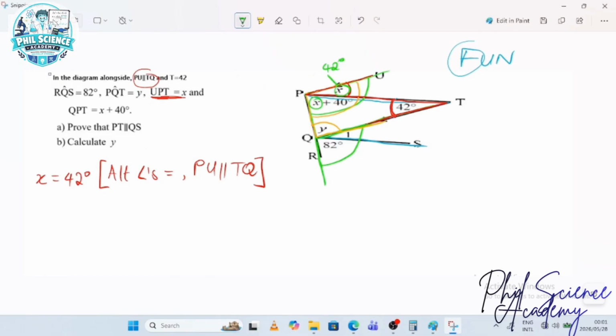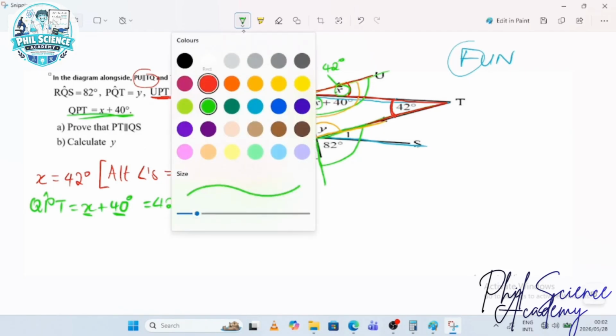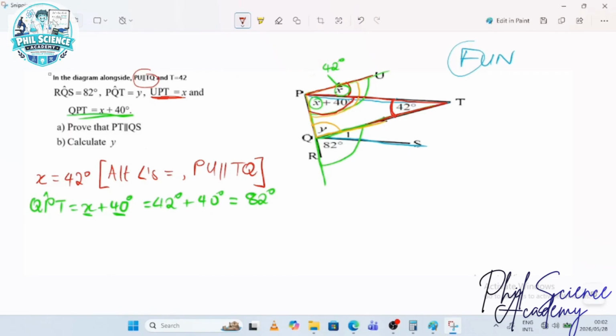This makes angle QPT equal to X plus 42, plus 40 degrees. Whether it's X, we'll just substitute 42. We'll put 42 plus 40, which is equal to 82 degrees. So this angle here will be equal to 82 degrees. So we'll put an 82 here, 82 degrees here.